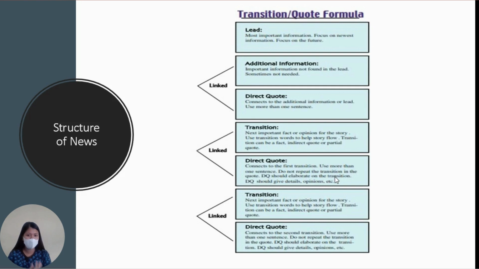It could also again be a partial quotation, a fact, or a direct or an indirect quotation, and then it would be followed again by a direct quote that is again connected to this transition, the second transition before the direct quote. And then again, the direct quotation should not repeat what is said in the transition quote, but it should elaborate on what the transition quote has stated.